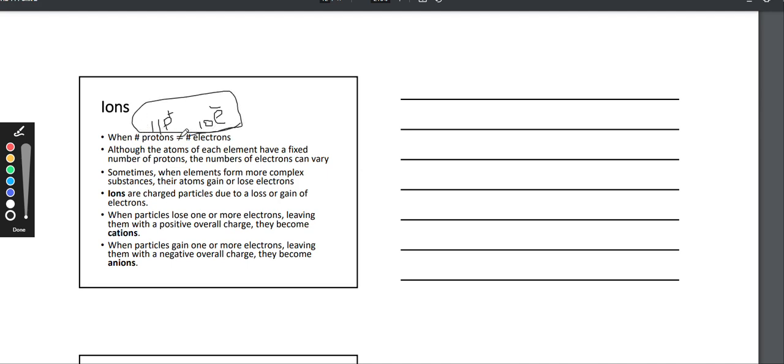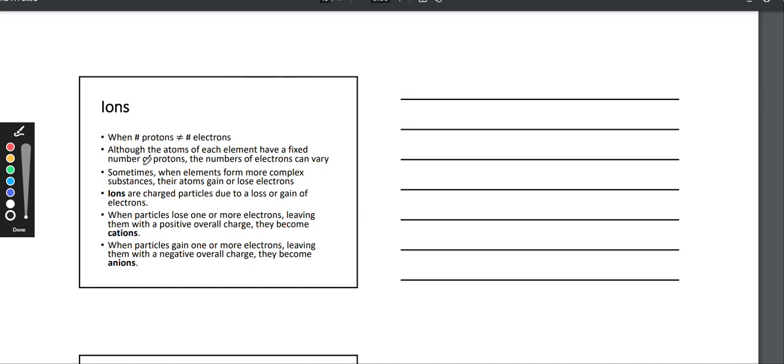So in this case, I have one extra proton compared to the 10 electrons, okay? That makes the sodium, in this case, a positively charged ion, or we also call it a cation, okay?